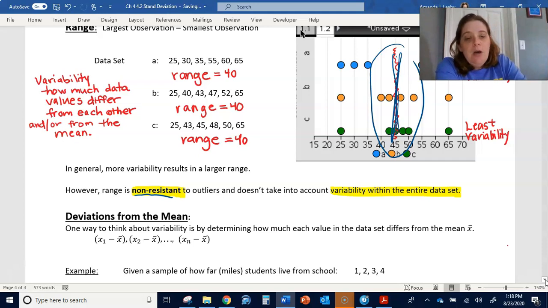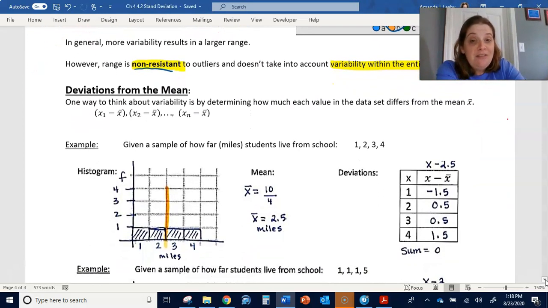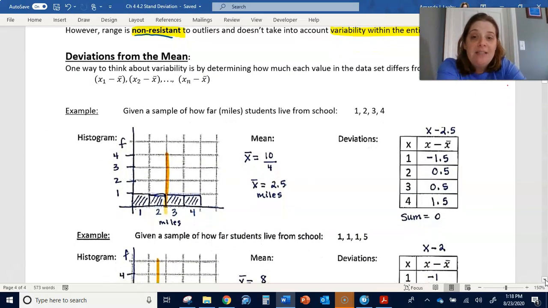One way we can talk about how things are different from the mean is to literally find the differences from the mean. I have a sample of how far students live from school in miles, just as an example. I've got 1, 2, 3, and 4, which are the answers I got to my survey. Here's a picture of what this would look like.